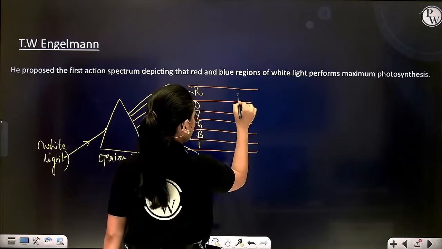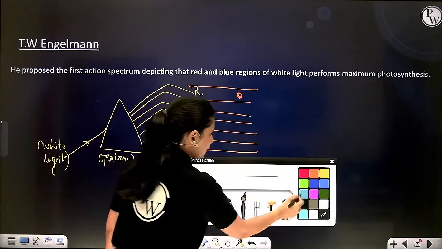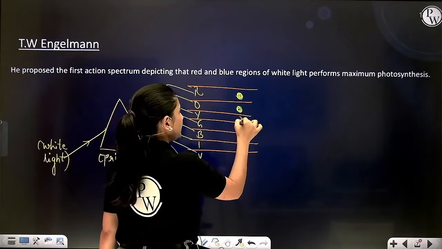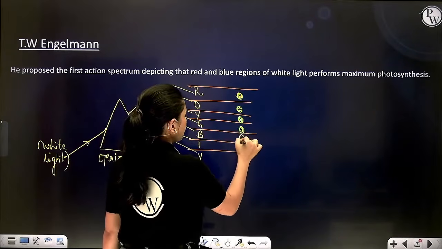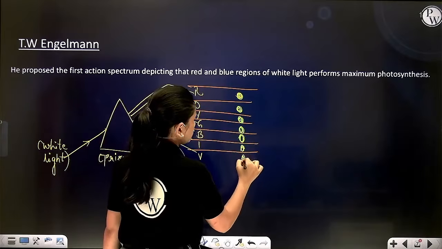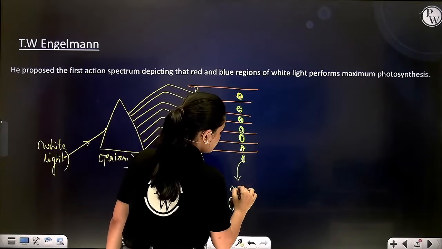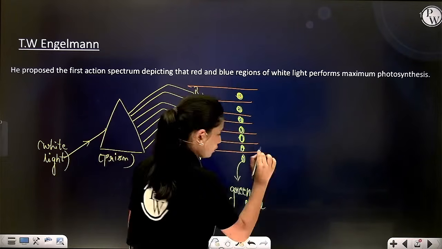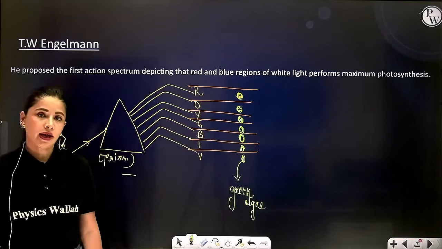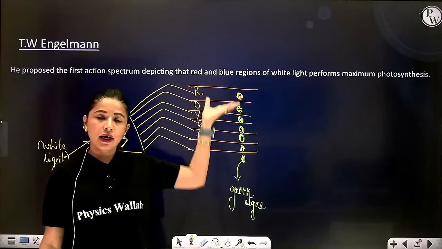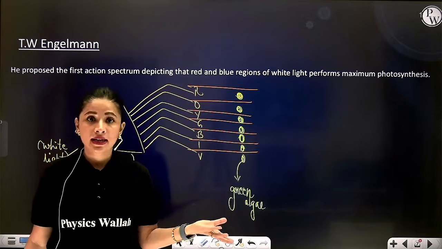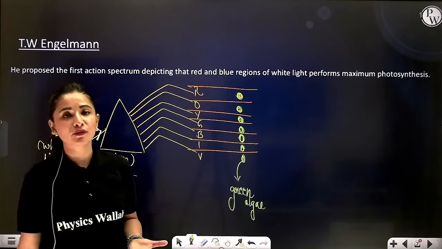So here, chalo, I'll draw it with the help of green color only. So he grew green algae in front of every component of light, just to ensure that photosynthesis is being performed. Correct? Okay, so green algae is being grown in front of each component of white light. Now how will Engelmann realize whether photosynthesis is being performed or not?